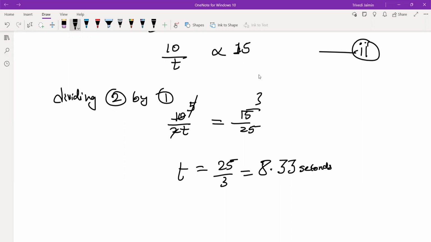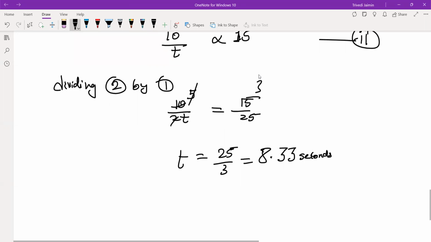Let's try your question. What's the question? Let me write here. Oh, it's the same question only. No, a small difference. Similar question, see? But a small difference, that is temperature is not given.